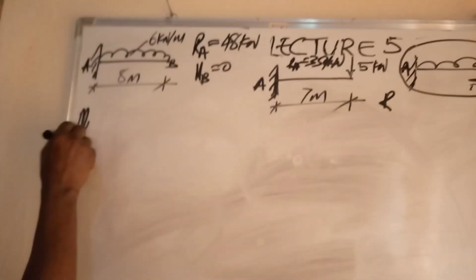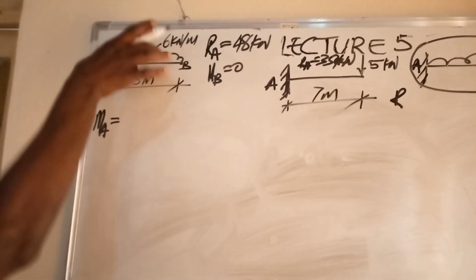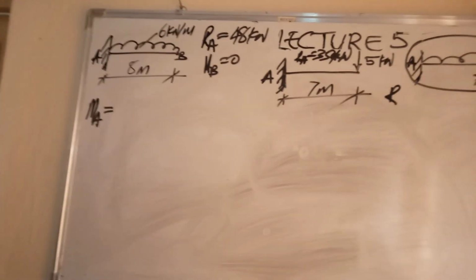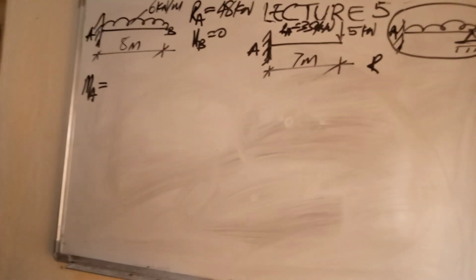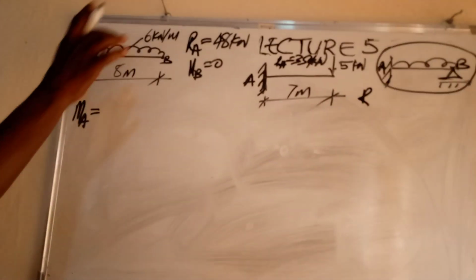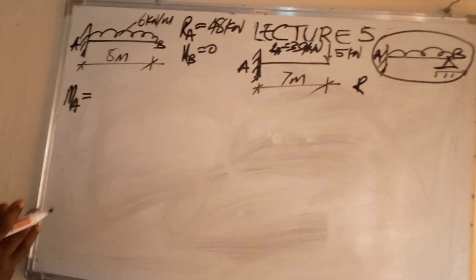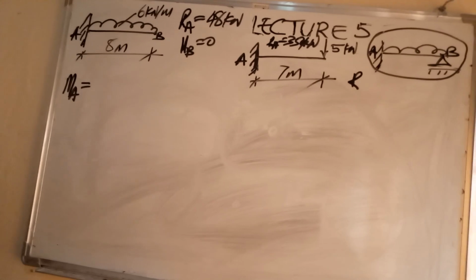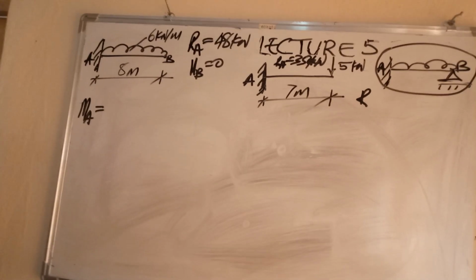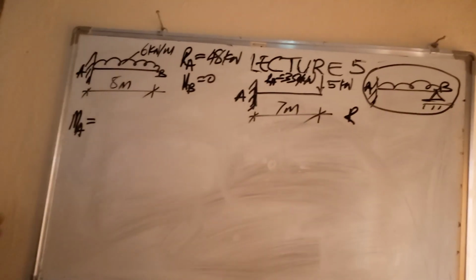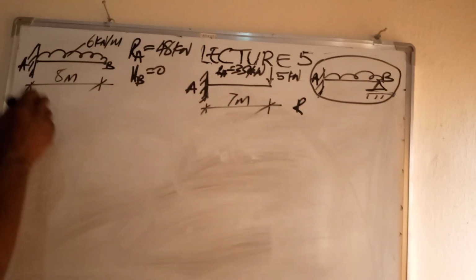To calculate the moment being resisted at A, the M at A is equal to the load times perpendicular distance, because moment is the conversion of load to moment. The load here is 6 kilonewton per meter. To get it as a collection of load, because it is 6 kilonewton in every meter and there are 8 meters, it becomes 6 times 8.